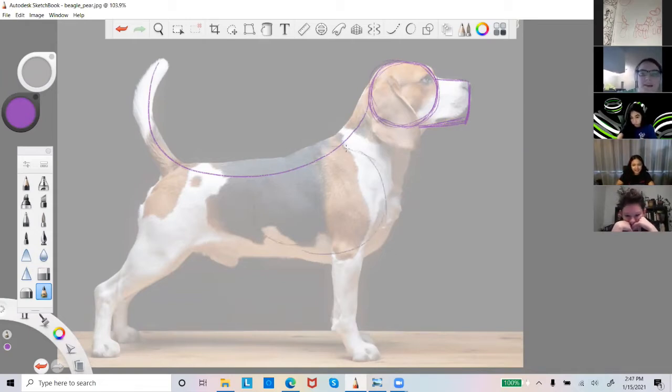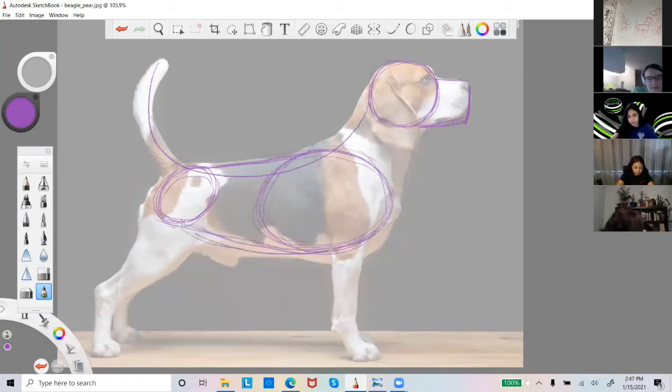Rib cage about here, kind of like an egg shape. And then the hips in the back, much, much smaller. And then I'm going to turn this into the pear. It's more straight on the back, comes around, and then more curvy on the belly.